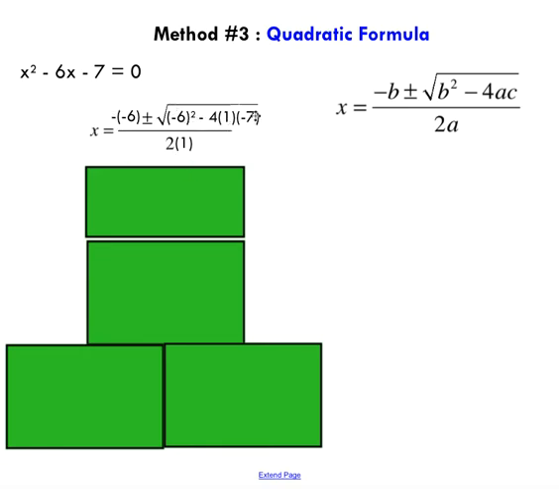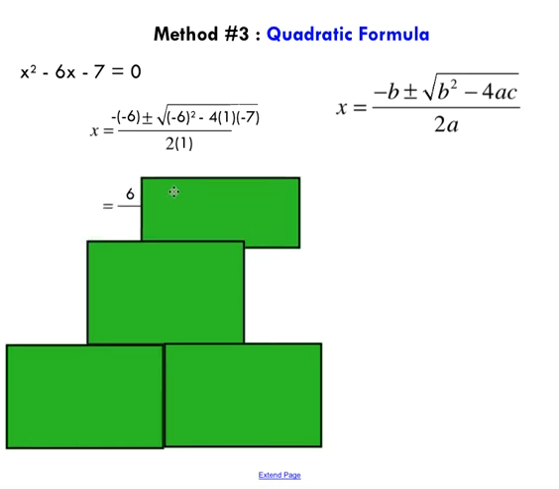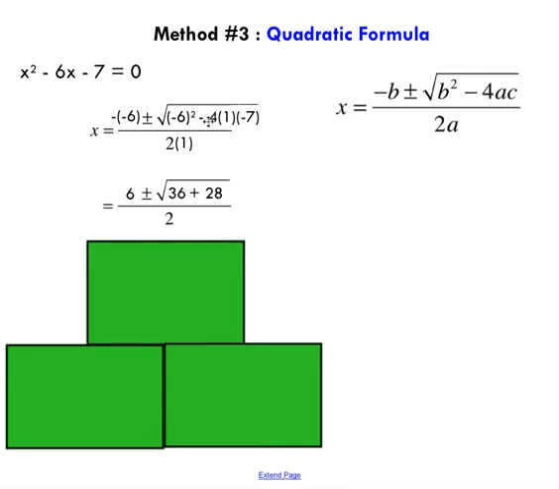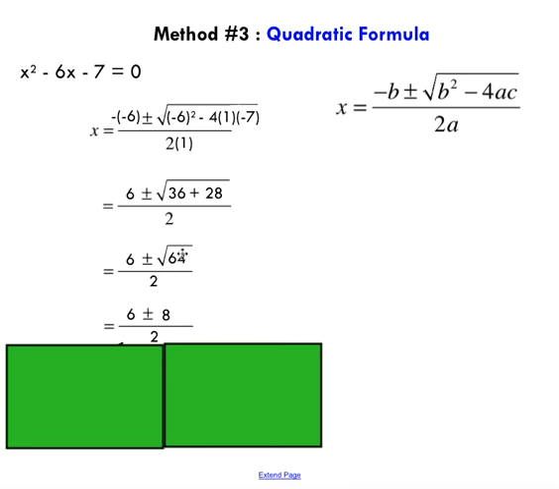And if you're not one of those people who is comfortable with order of operations, this can be a nightmare for you. So I've got -6. That's just +6. You know, I can square -6 to end up with 36. If I multiply these numbers, I get 28. I'm not going to go over all of the math involved in this, but you know, we're just going to add our two numbers together to get 64.